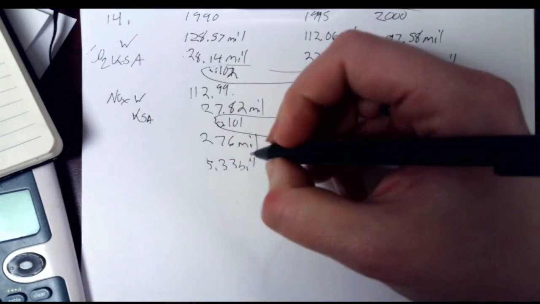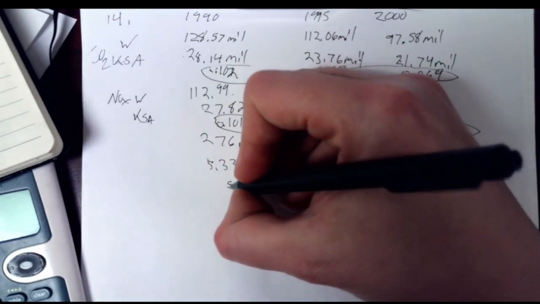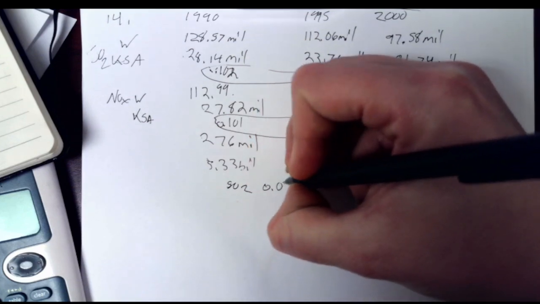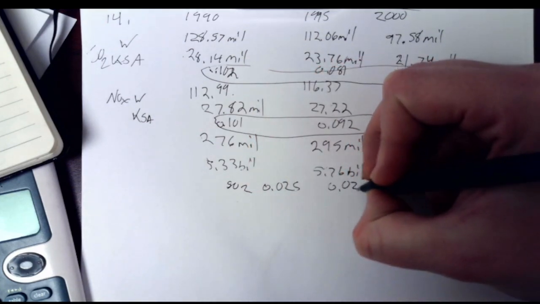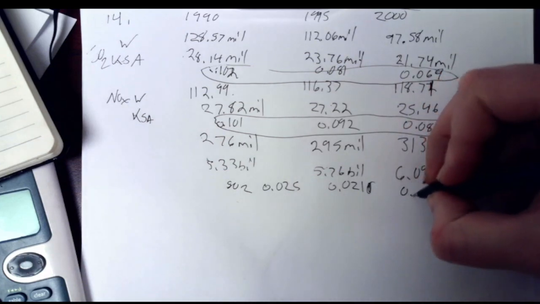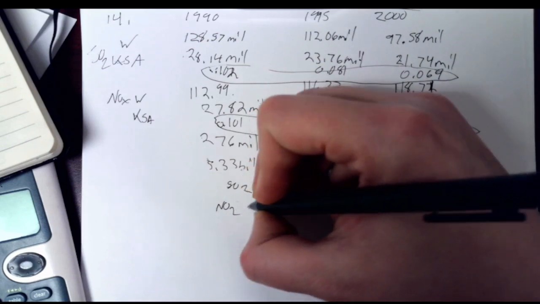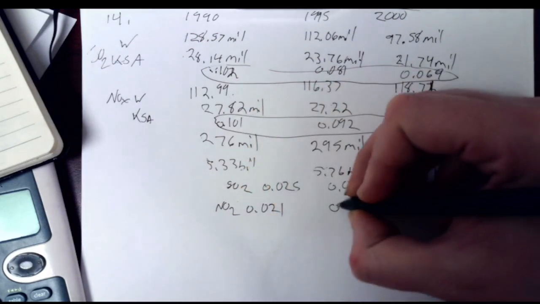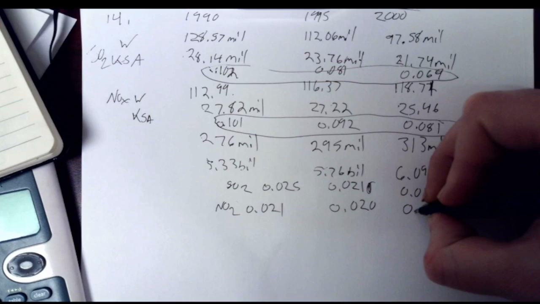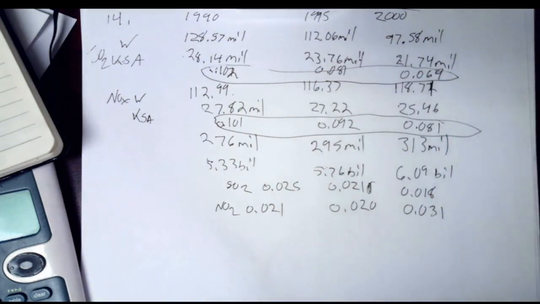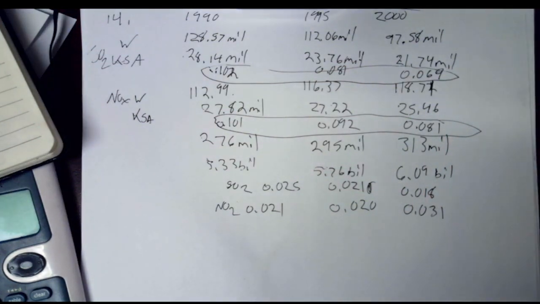The world numbers for SO2 are about 0.025, 0.021, 0.018, and the NO2 is 0.021, 0.020, 0.031. So overall the SO2 is dropping worldwide, but NOx is increasing worldwide. But consistently in the U.S.